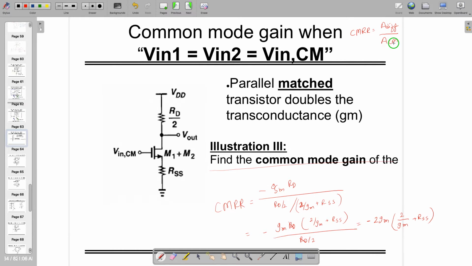By the way, if I am asking you to find out the CMRR of a single-ended circuit, then it's very easy: the differential gain and the single-ended gain both are the same. Whatever you are seeing, both will be the same because it's with respect to 0.